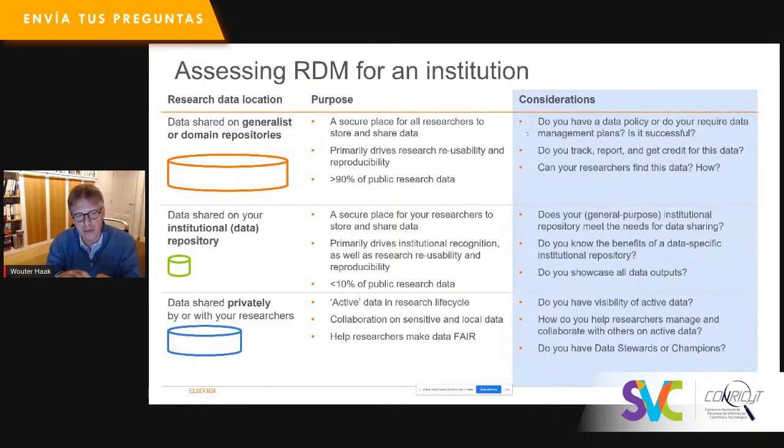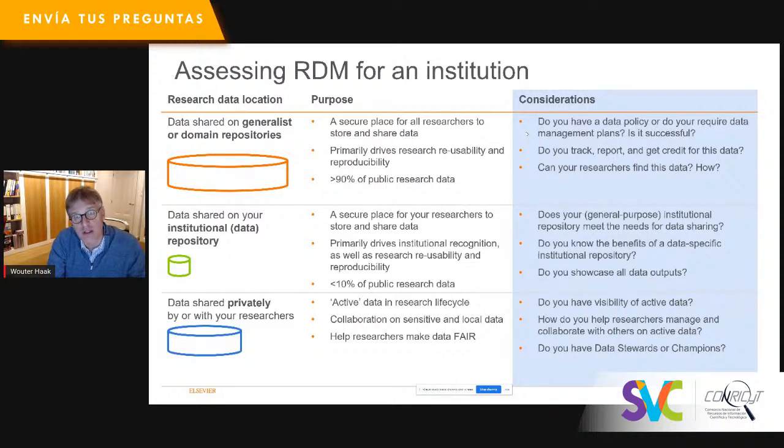The second one is, again, public data, but it's data that can be shared on your institutional public data repository. Many institutions nowadays adopt an institutional data repository because they want to manage the intellectual property, they want to showcase their data, and they want to make sure that the researchers that actually share data have a natural place to go to.